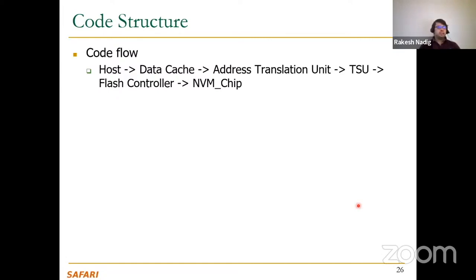If it's not there, then a new entry has to be added. Then it goes to the transaction scheduling unit, which schedules the events to different channels and chips in the backend. It is sent through the flash controller, and it goes to the NVM chip. So this is the flow from the front end to the back end.